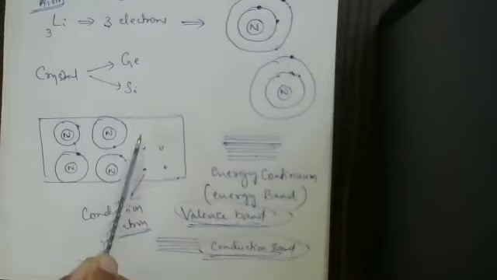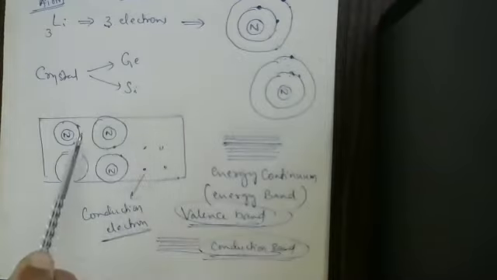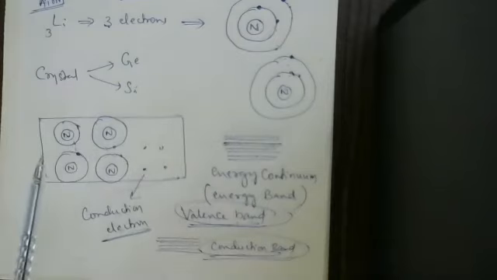Now, the knowledge of a PUC student, hopefully I can say, is more than the knowledge of an SSLC student. This is the usual thing. Therefore, valence electron energy is less, and conduction electron energy is more.